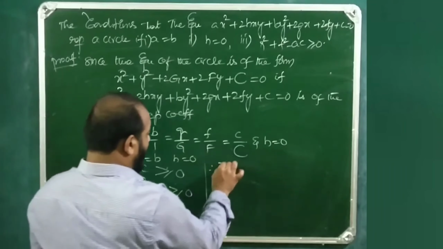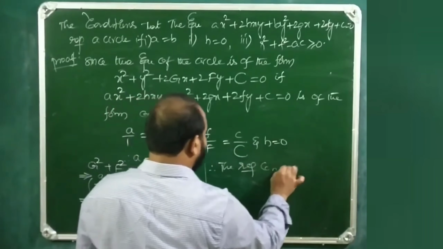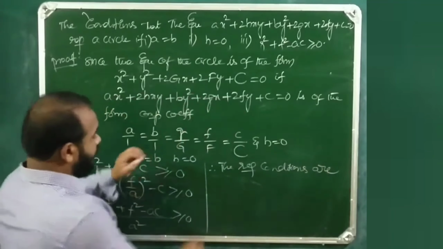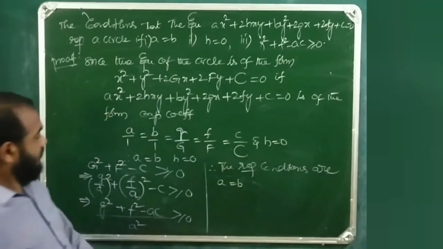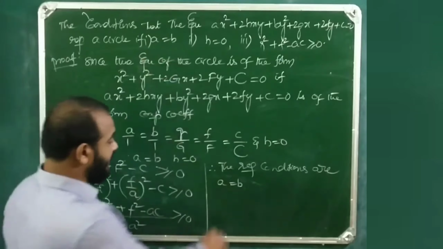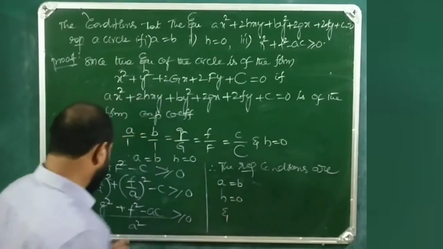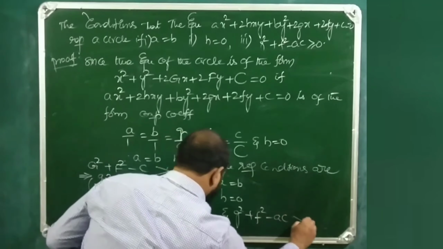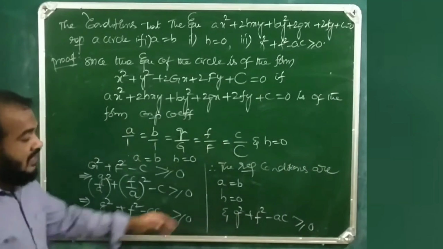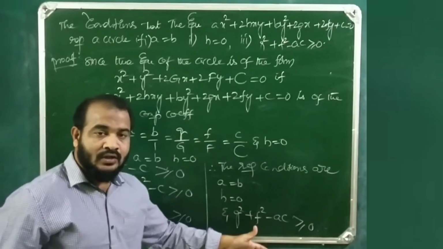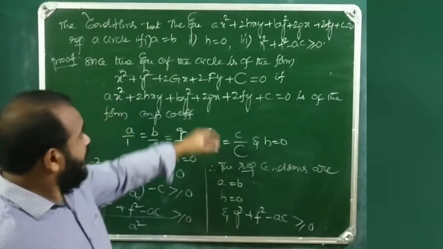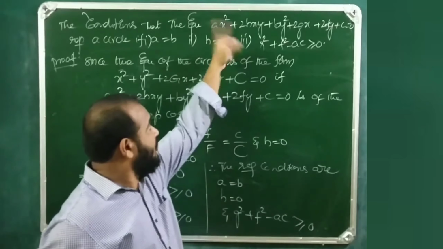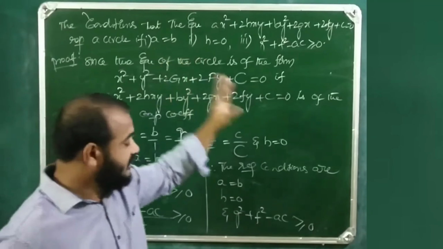Therefore, the required conditions are: a equals b, h equals 0, and g square plus f square minus ac is greater than or equal to 0. Therefore, these three are the conditions to represent the second degree non-homogeneous equation as the equation of a circle.